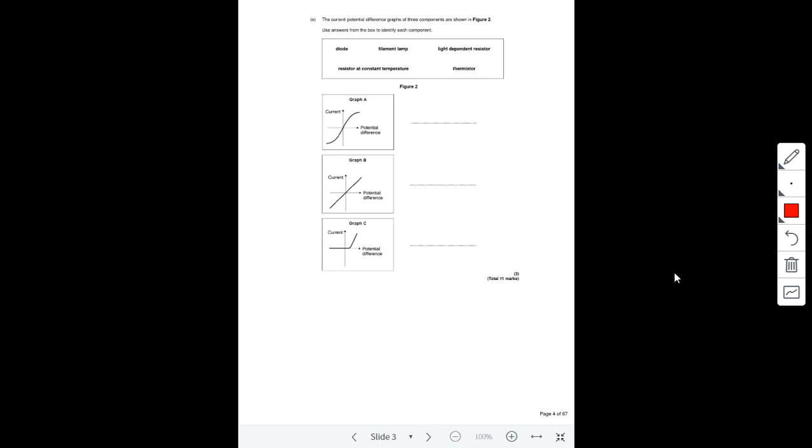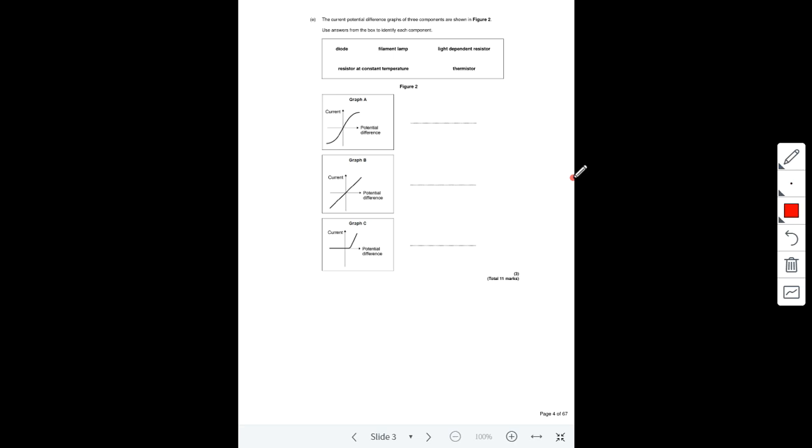Okay, now see this. Is the first one the filament lamp? Yes, that's correct. The last one is the diode.